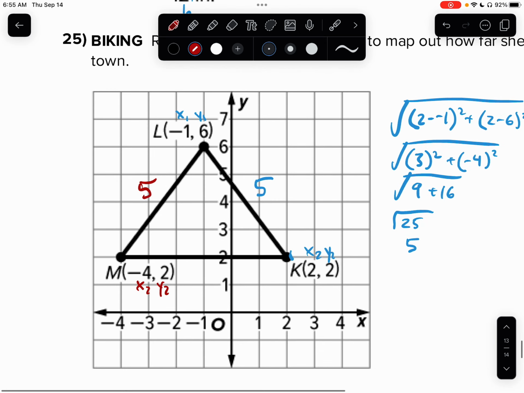And then I have these two, M and K, that are on a straightaway, so I don't really need to calculate the distance here. I just need to count: 1, 2, 3, 4, 5, 6 units there.